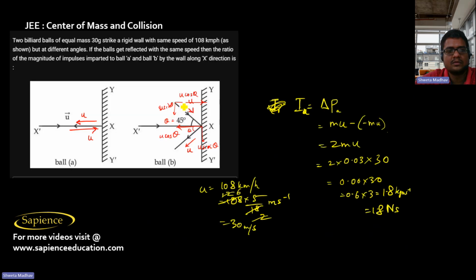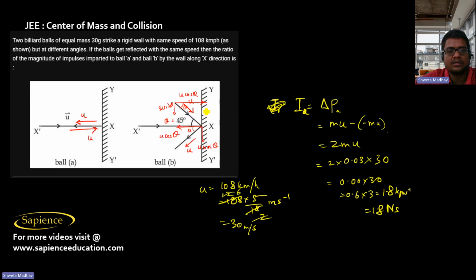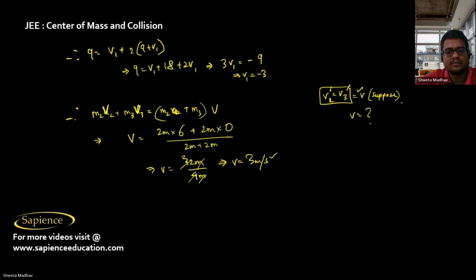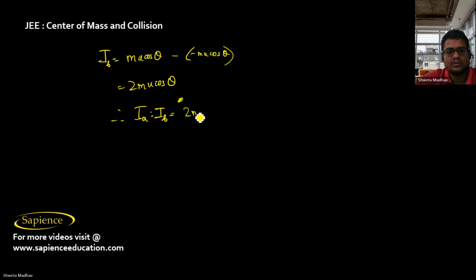So therefore, I have to find the ratio of the magnitudes of impulses to ball A and ball B, IA is to IB. So IA is 2mu is to IB is 2mu cos theta. So 2mu will cancel.